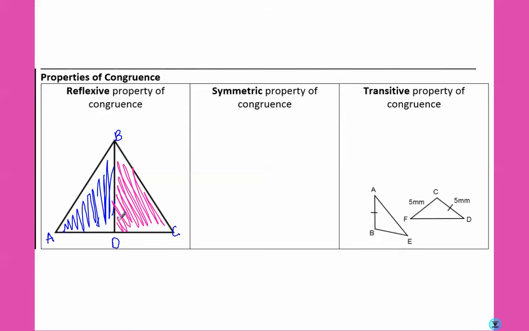Since they share this side BD, we know that BD of triangle BAD is congruent to the BD and triangle BDC.